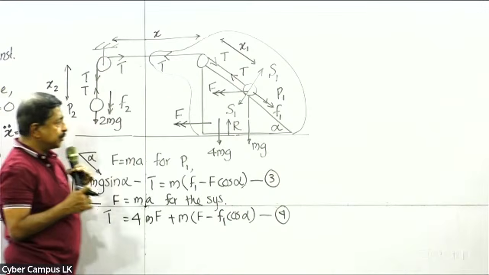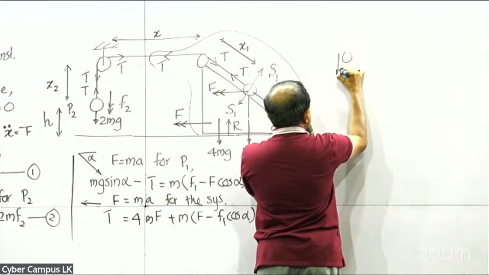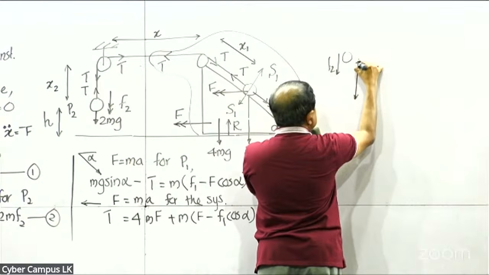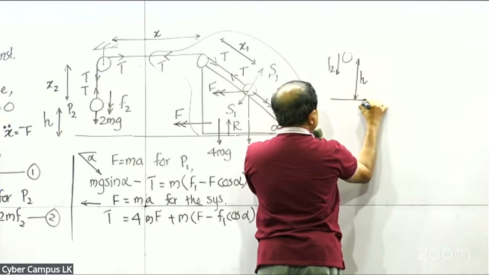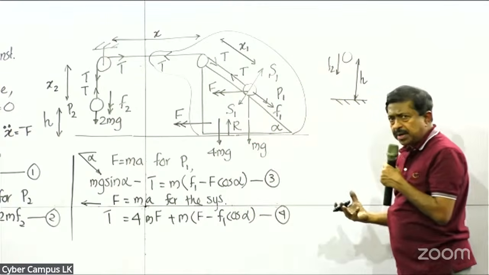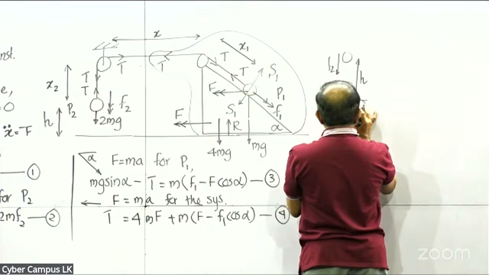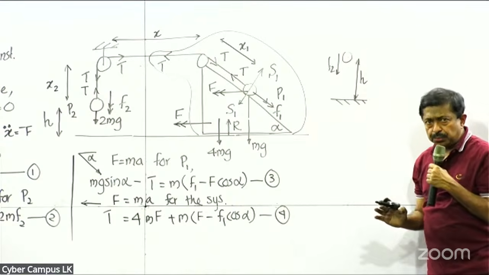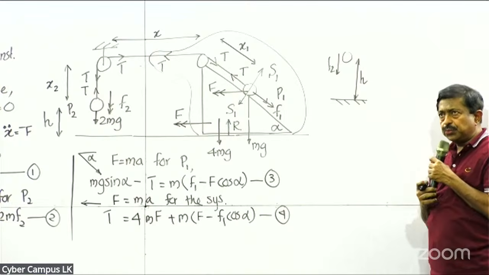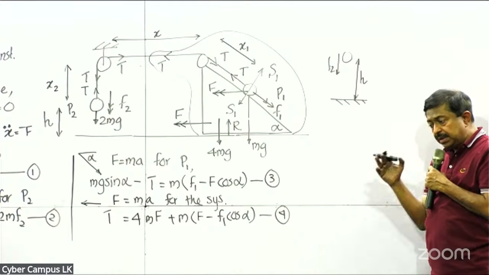Now it is like this. You have an object whose acceleration is F2, which is exactly h away from the table. You don't have to draw an extra diagram, everything is there. Now, how to find the time? Initial velocity is zero because you release the system. Height is given, you have to find the time.